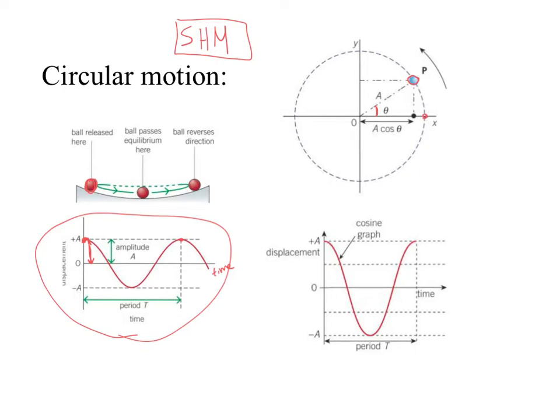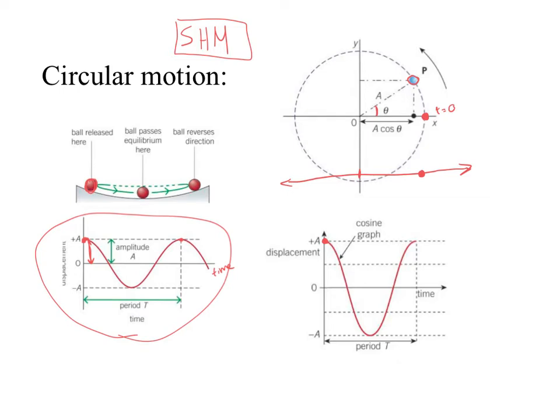Now, if the ball was initially at this position, and we'll only focus on the x-axis, we're only interested in the x-axis and what happens on that x-axis. So if the ball at time 0 was at its maximum displacement on the x-axis from the center of the circle, then that would be your maximum amplitude, that would be A. And this is the point plotted here.